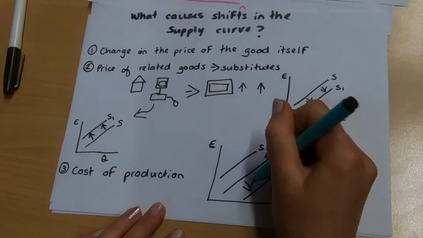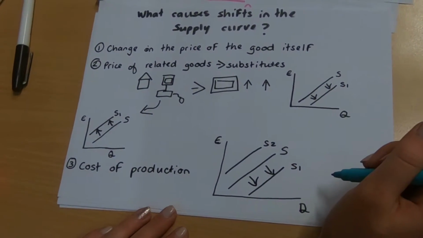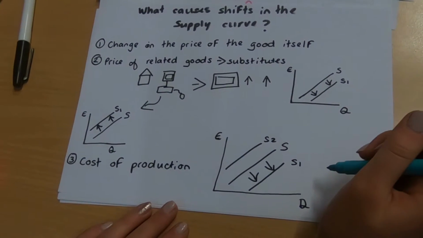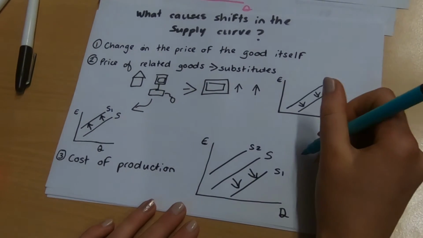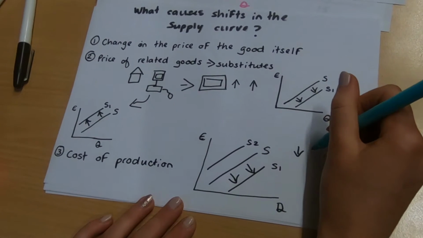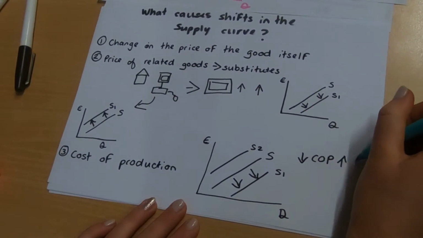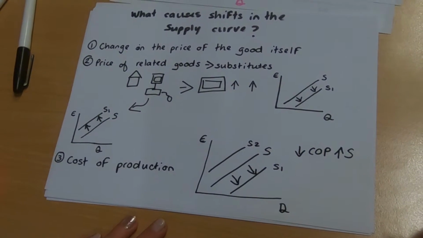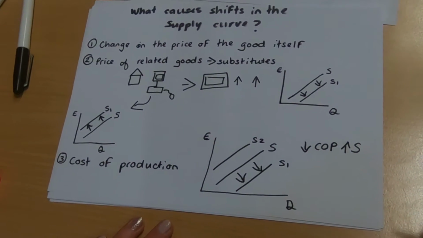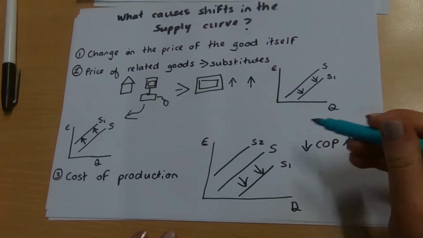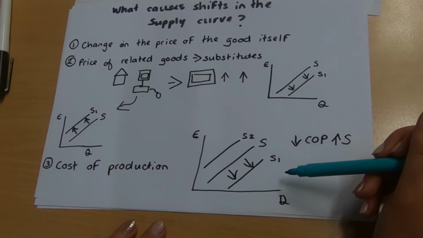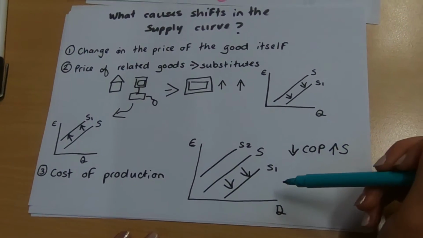An increase in supply may be caused by a decrease in the cost of production. So if the costs of production are to decrease, we're going to have an increase in the quantity supplied. This is because it will become cheaper for the firm to supply goods now that the cost of production has decreased.